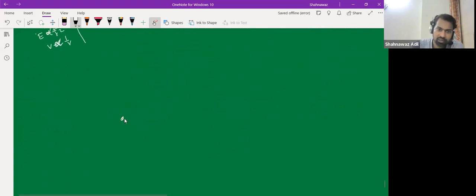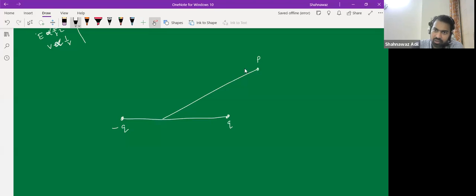So again, let us come back to this point. We have this minus q, this q, and this is theta, and the potential is kp cos theta by r square.